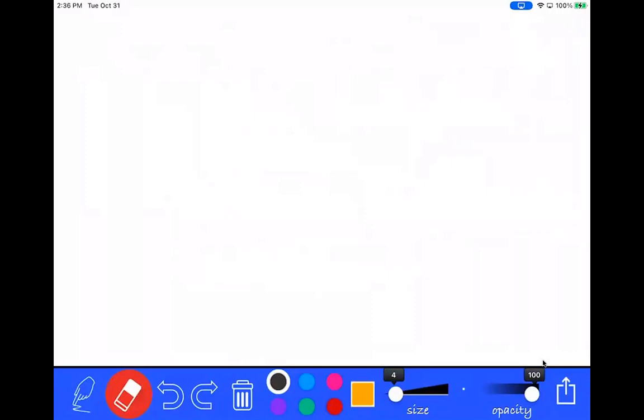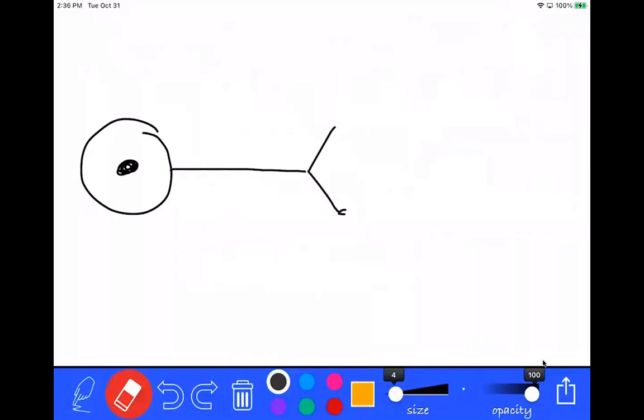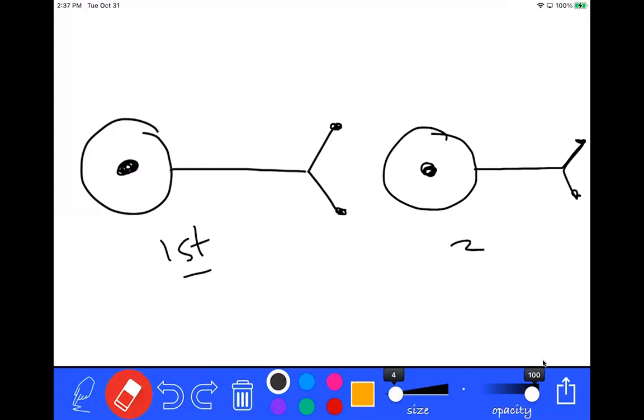Let's say that's the first order neuron, and that's the second order neuron.